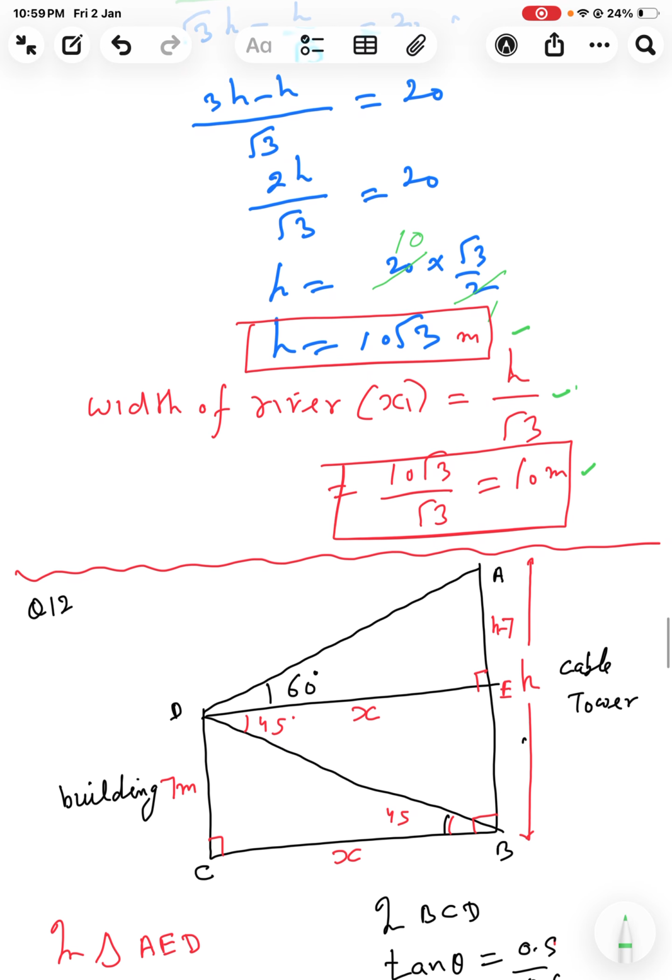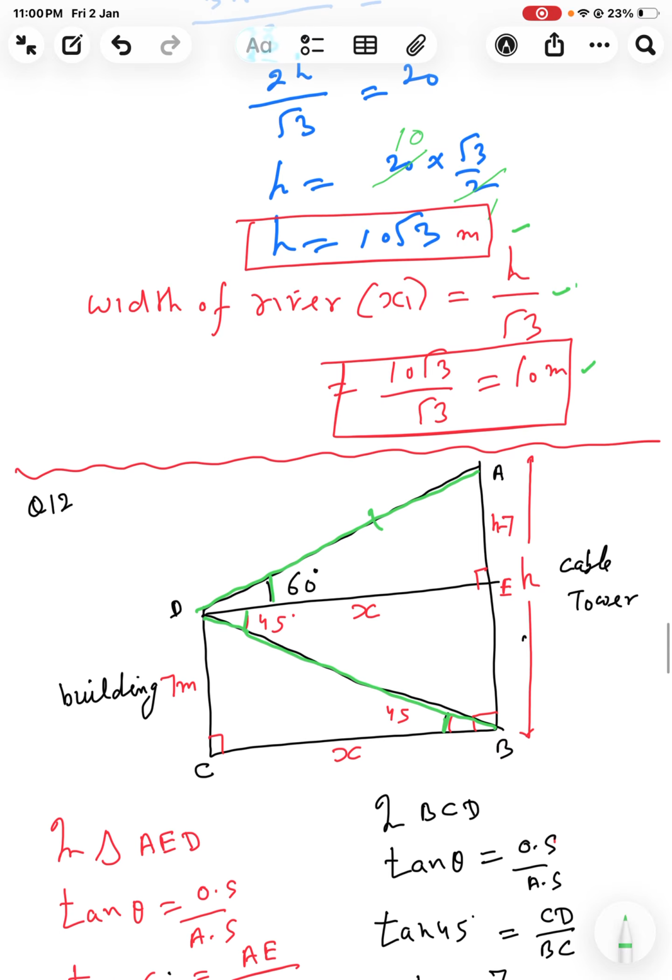In question 12, from a 7 meter tall building, the angle of elevation to the top of the tower is 60 degrees and the angle of depression from its foot is 45 degrees. Those are alternate angles. This is 45 degrees. In this case, diagonals are not equal.